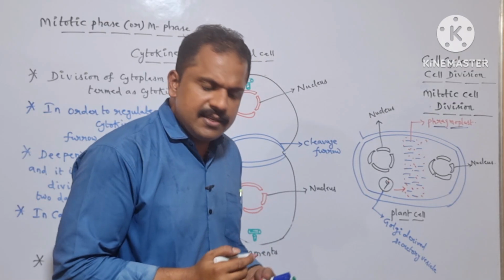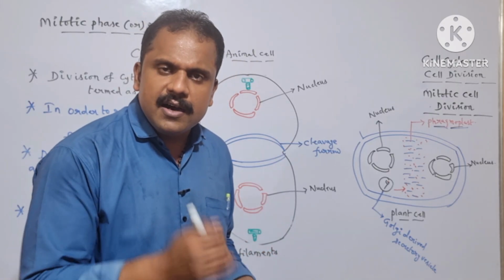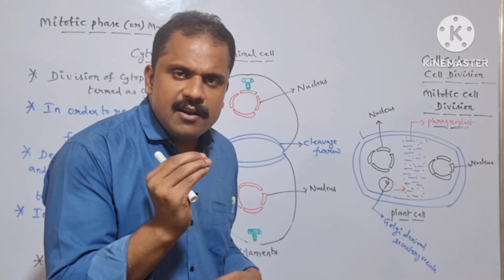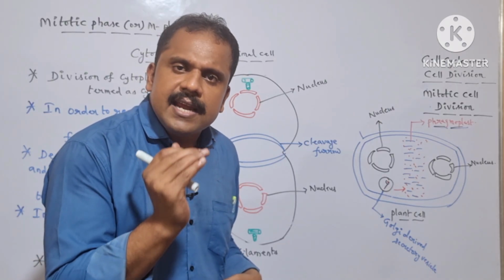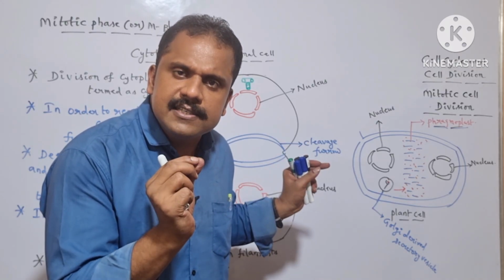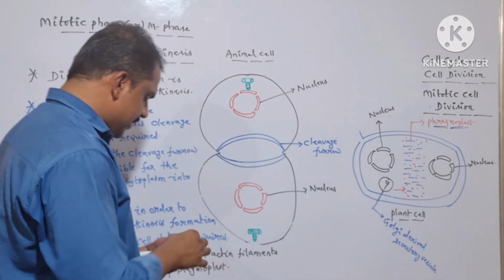In addition to this, we need to understand that cytokinesis plays an important role in regulating the distribution of various subcellular organelles like plastids and mitochondria to the daughter cells of the plant cell. Is it clear? So let me write it here.